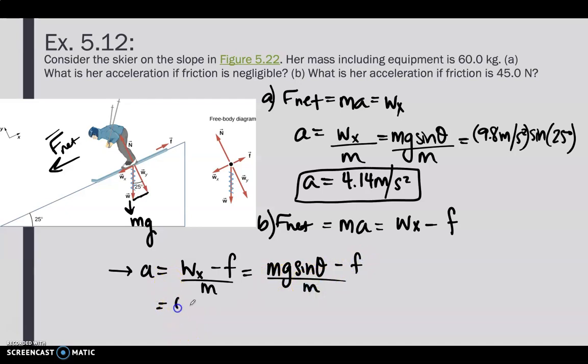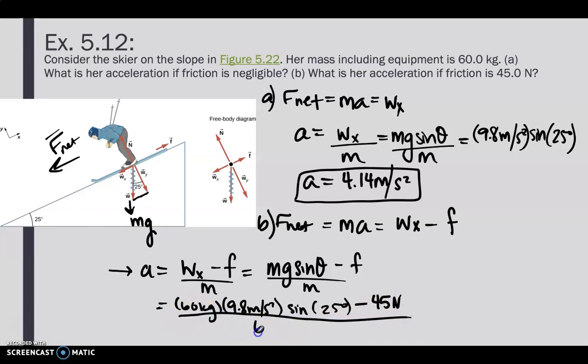Okay, and we can go ahead and plug in our values. So we have m is 60 kilograms, g is 9.8 meters per second squared, sine of 25 degrees, minus our friction, which is 45 newtons, divided by 60 kilograms.